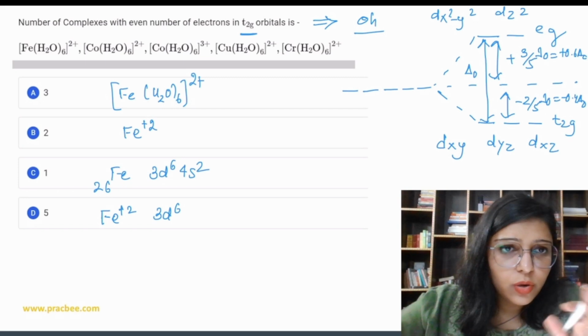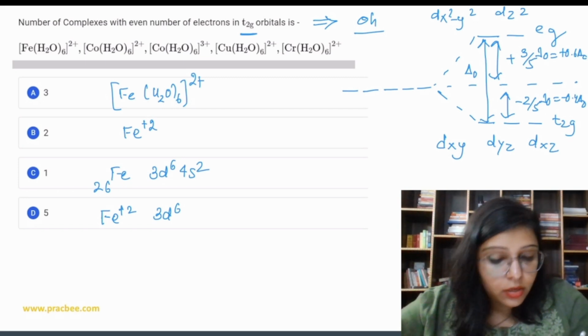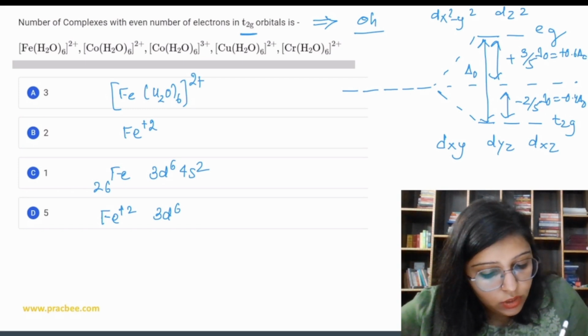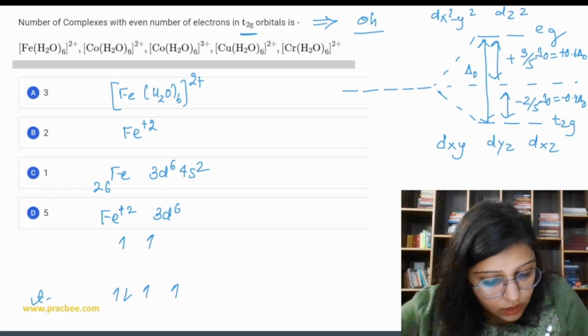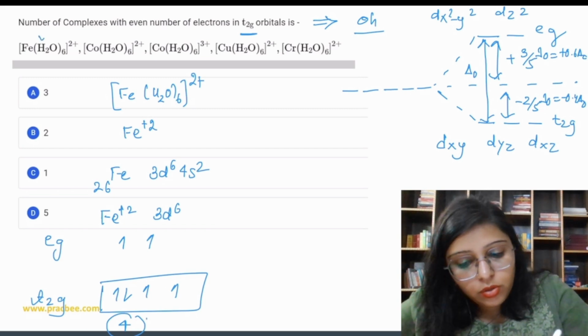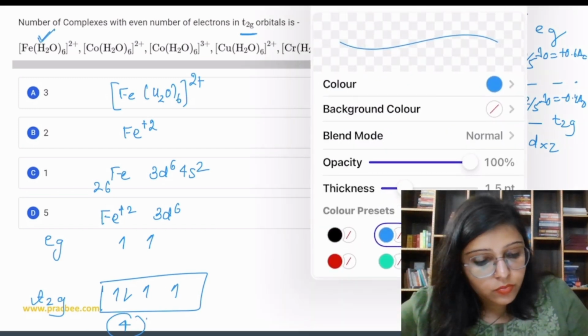Generally in the presence of water, you are not going to pair the electrons, right? So we write t2g 1, 2, 3, then no pairing, 4, 5, 6. So this is t2g and this is eg. In t2g we have 4 electrons, so even number of electrons. So this is fine.